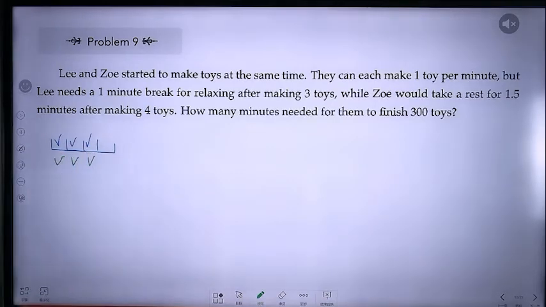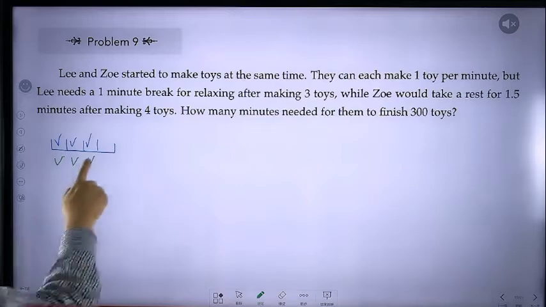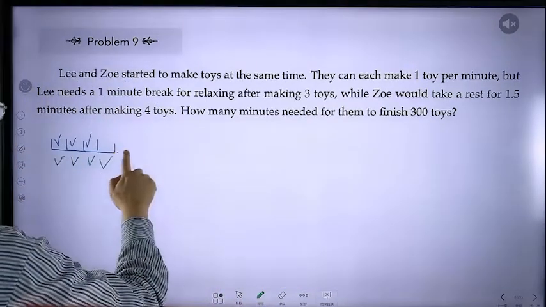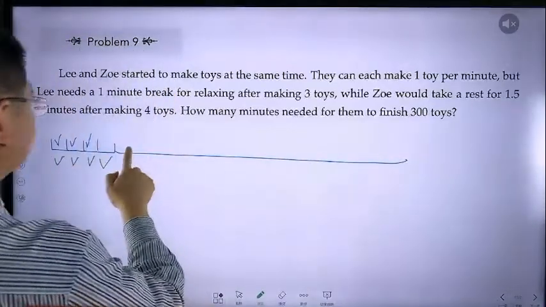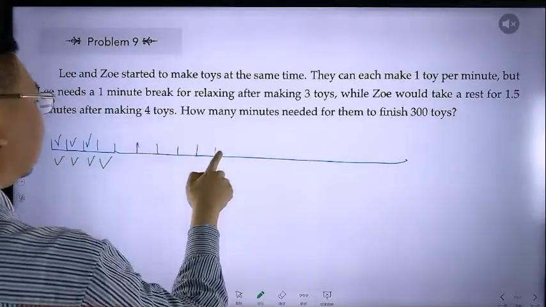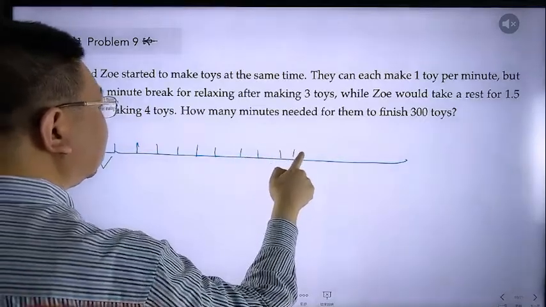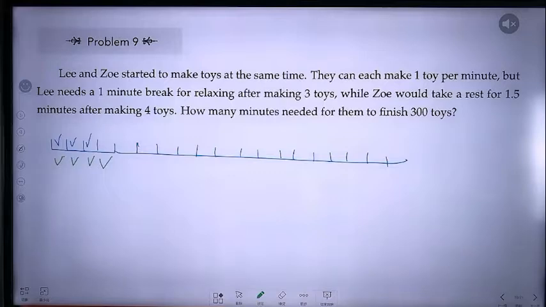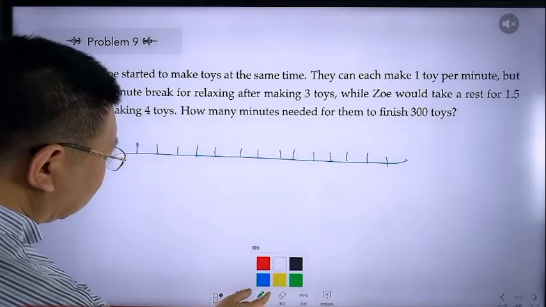So this will be a rest of 1.5 minutes after making 4 toys. So I have to extend this picture a little bit longer. There are many units here. Okay, so he would rest for 1.5 minutes and then he will continue.